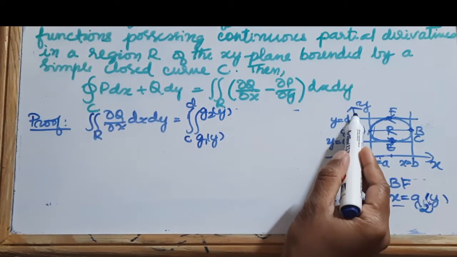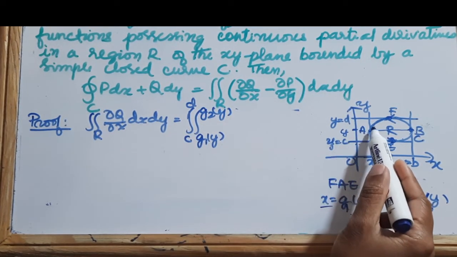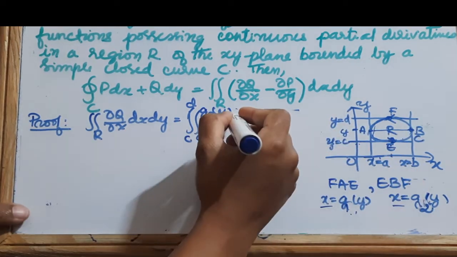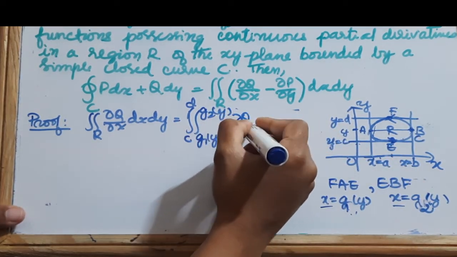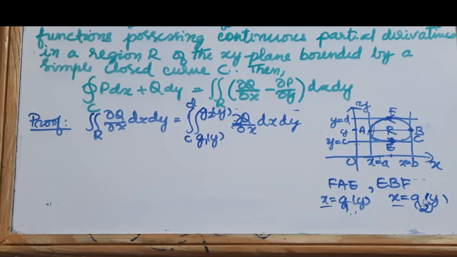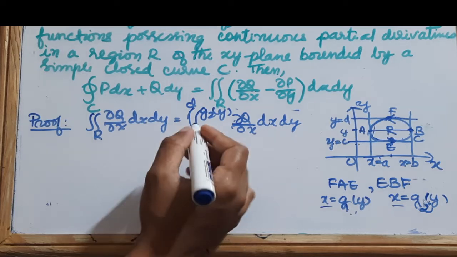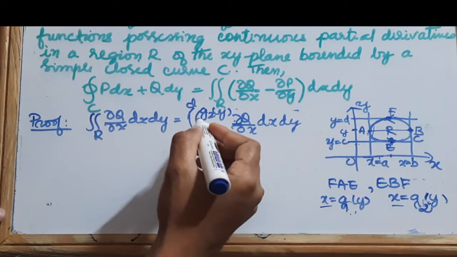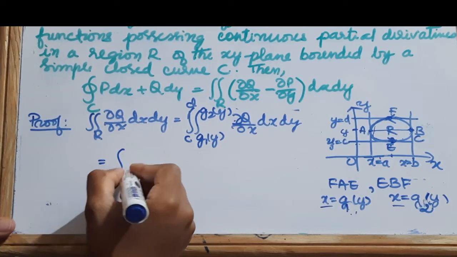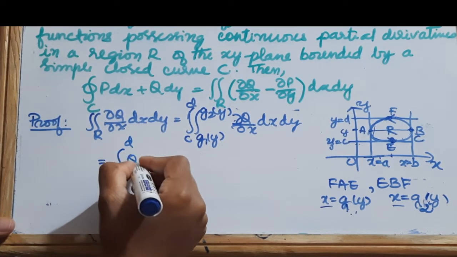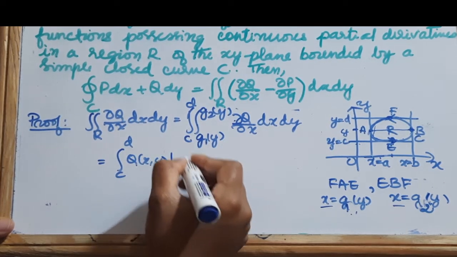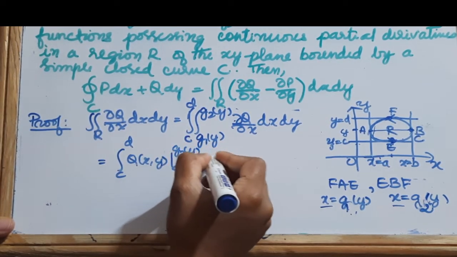Therefore, y varies from c to d. For a fixed y, x varies from this curve g1 of y to g2 of y. This is dou q by dou x dx dy. Because q also has continuous partial derivatives, by the fact that the integral of the differential gets nullified, we have integral c to d of q of x, y between the limits g1 of y to g2 of y, dy.